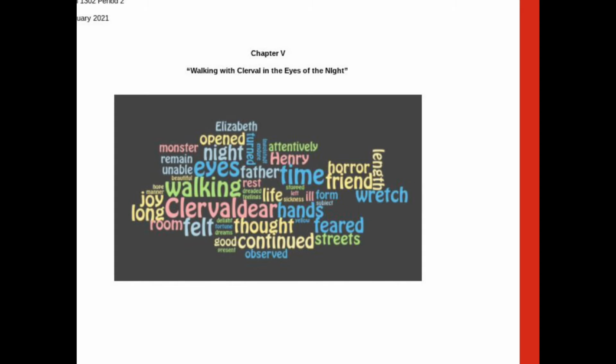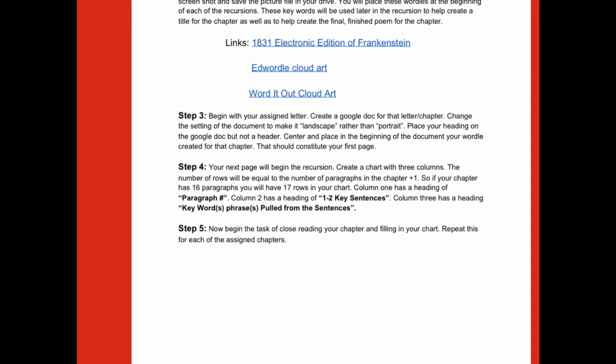And so we'll be talking about how to use those a little bit later. But right now we just want to create a little word art and then save that file as a JPEG file. So once you've created your word cloud and saved that copy, and you can save it simply by doing a screen capture.